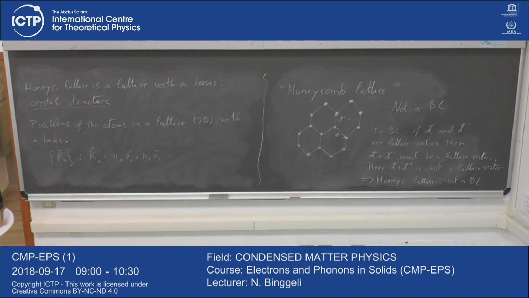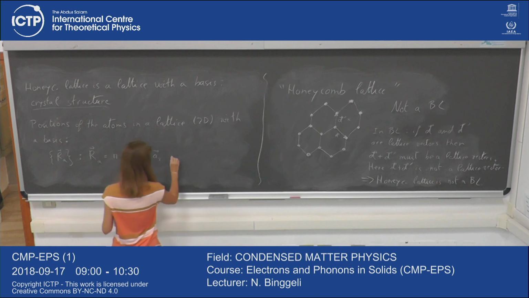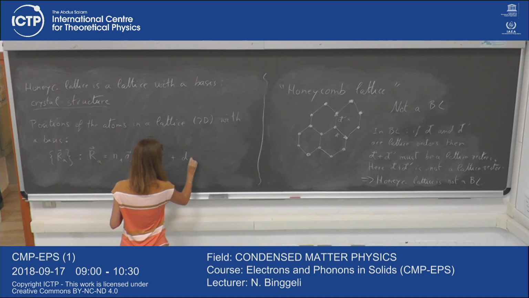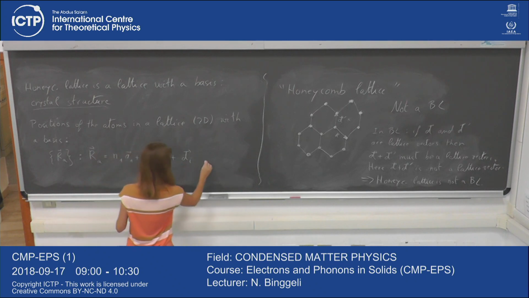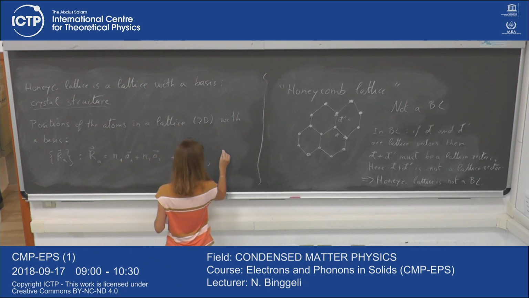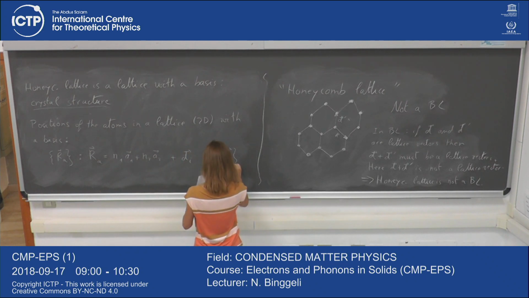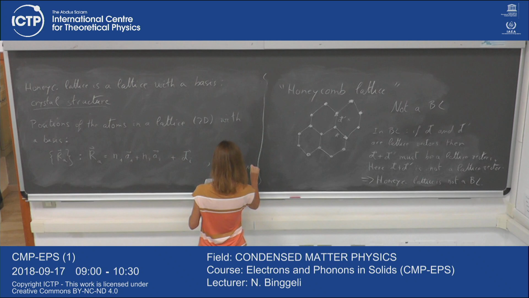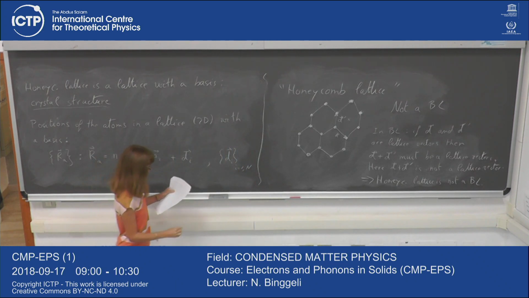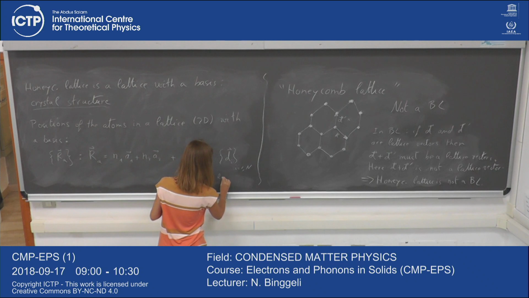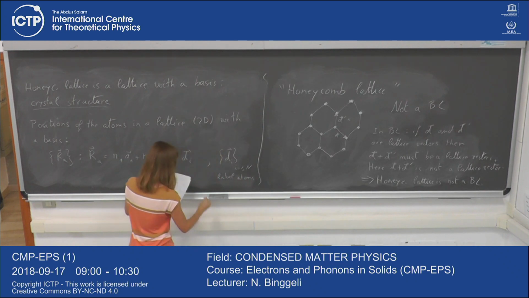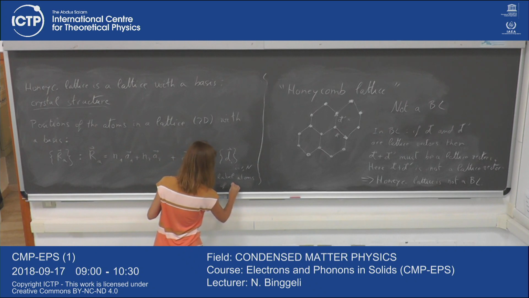So this is the part coming from the Bravais lattice, plus a vector d_i, where the set of d_i is finite and goes from i equal 1 to n, and these are the labels of the atoms of the basis.